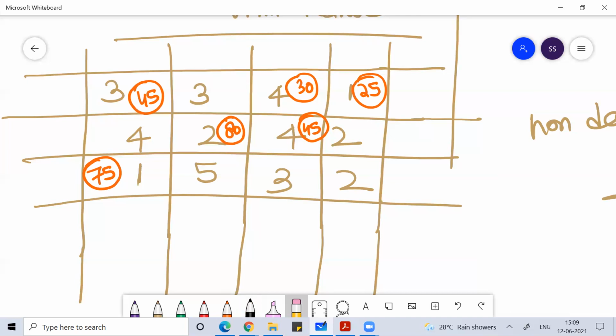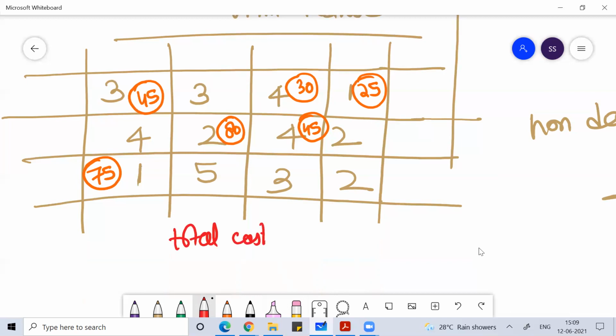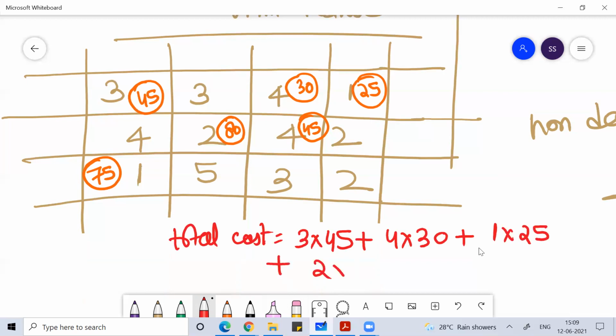Now guys, if I find the cost, your total cost will be equal to 3 into 45 plus 4 into 30 plus 1 into 25 plus 2 into 80 plus 4 into 45 plus 1 into 75.